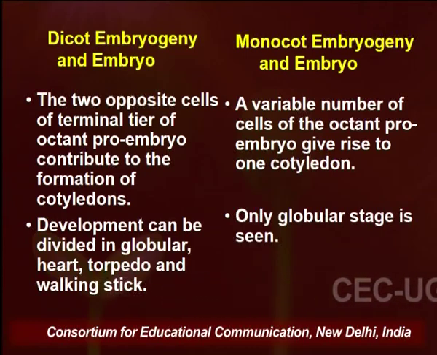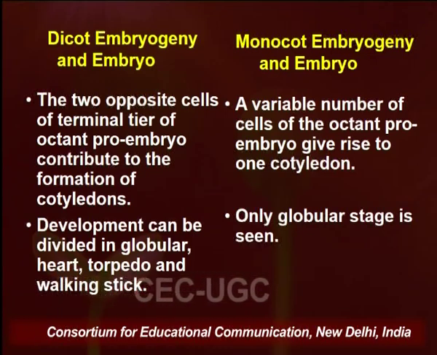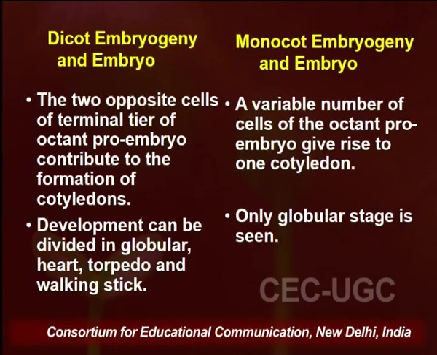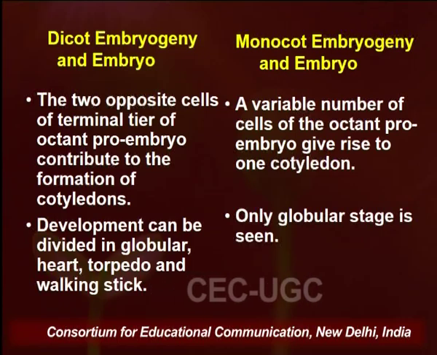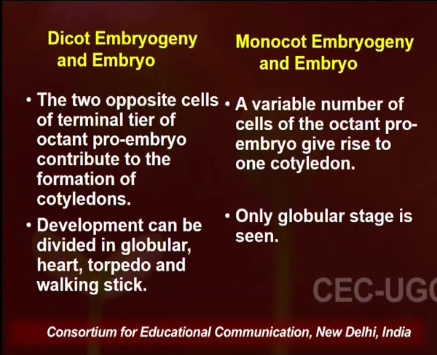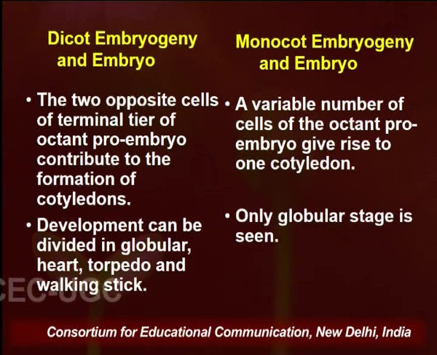In monocots, a variable number of cells of the octant proembryo give rise to just one cotyledon. In dicots, development can be divided into globular, heart, torpedo or walking stick stages, and in monocots only the globular stage is seen.